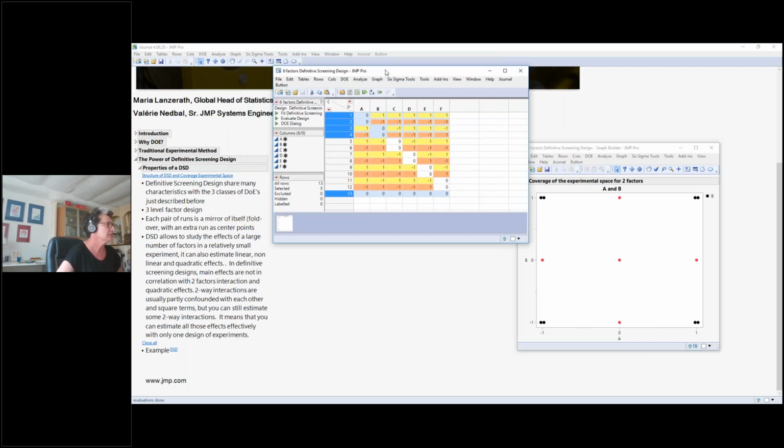What you can also see quite visually is that each pair of runs is a mirror of itself, and that's what we call a fold over.